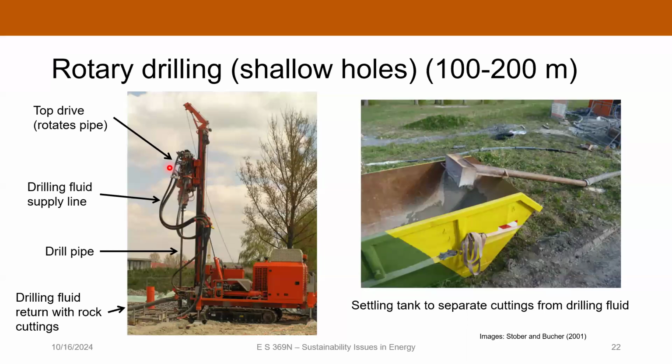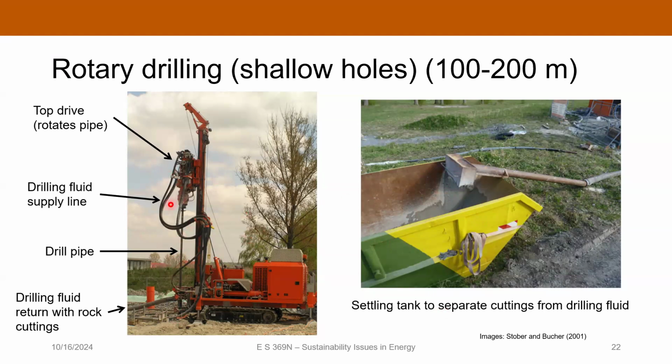Again, you need this drilling fluid for the hole cleaning to remove the cut pieces of rock and bring them back to the surface. This is the drill pipe itself. You can tell it's a pretty slender drill pipe that they're using here. And then the flow line that comes back to the surface has the drilling fluid plus the rock cuttings, which go into a settling tank where they settle out and you can recirculate the drilling fluid.